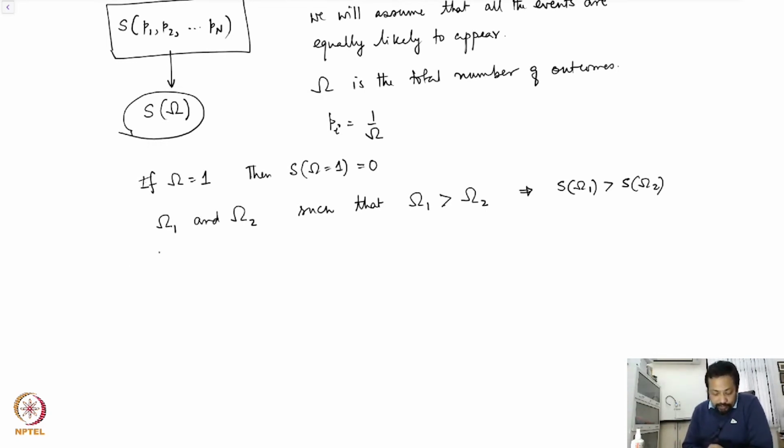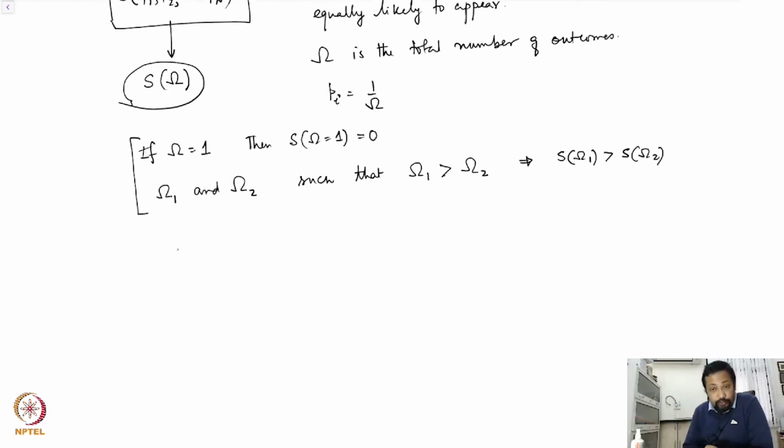Now with these tools, with this information that I have in my hand, let's say I have two events with outcomes omega 1 and omega 2, and I do them simultaneously. So the total number of outcomes is omega 1 times omega 2, right? For example, I can toss a coin and roll a die, right? So now I want to know what is S of omega.